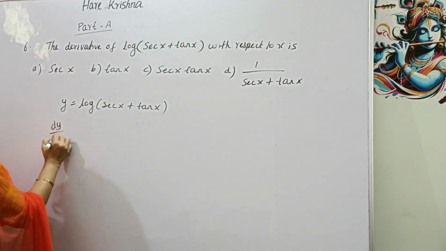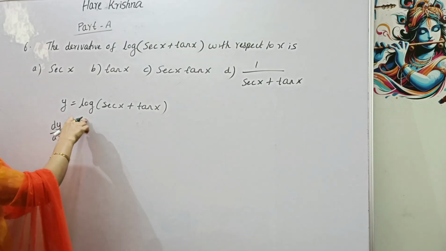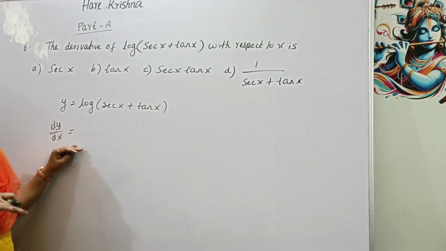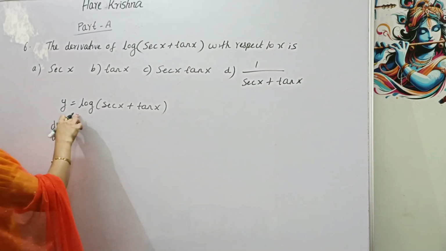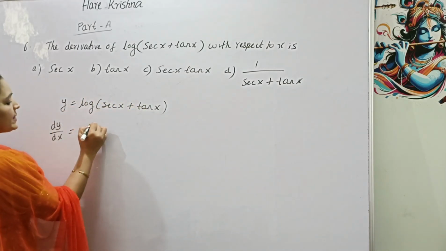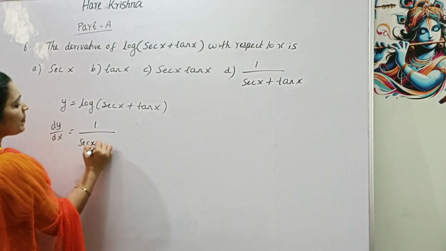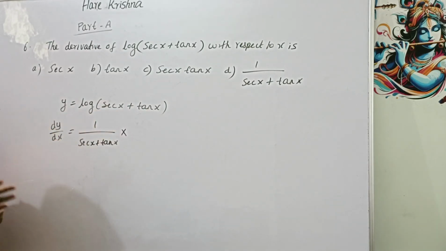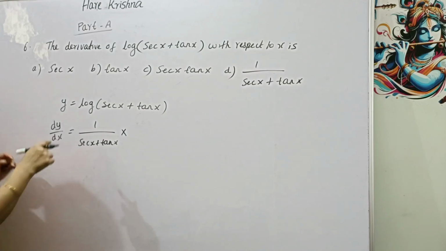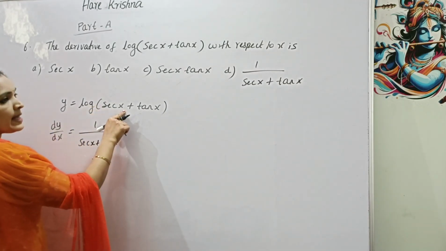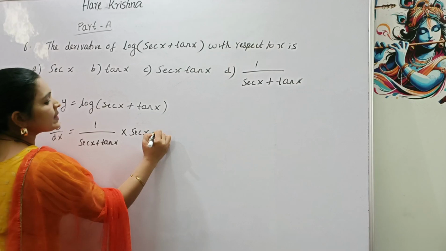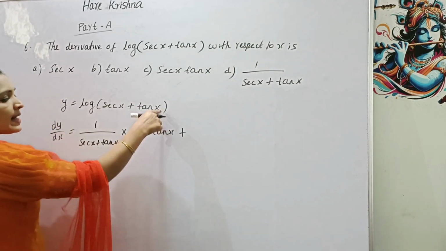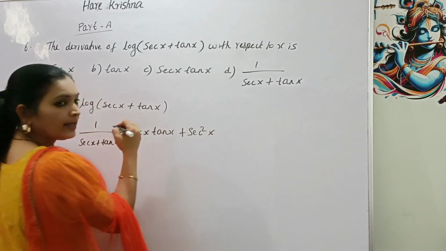So dy by dx is equal to, first we have to find the derivative of log, right? That is, derivative of log x is 1 by x, right? So derivative of log of sec x plus tan x is 1 by sec x plus tan x into derivative of sec x plus tan x, applying chain rule, okay? That is, derivative of sec x is sec x into tan x, plus derivative of tan x is sec square x, right?